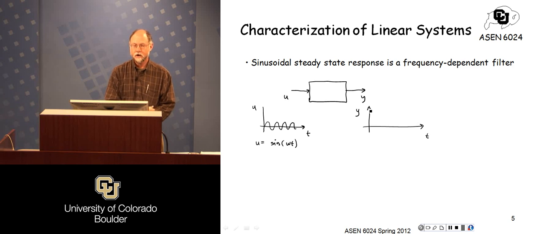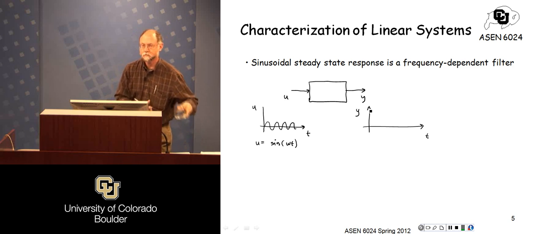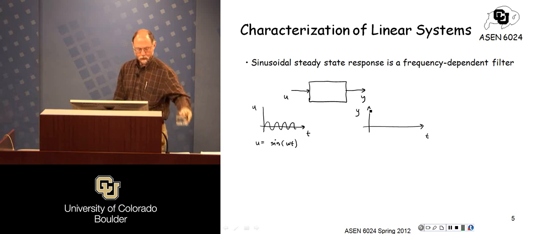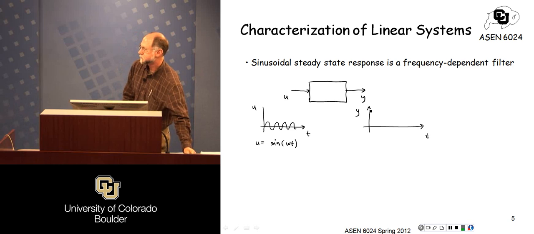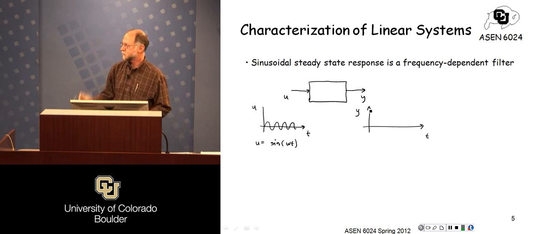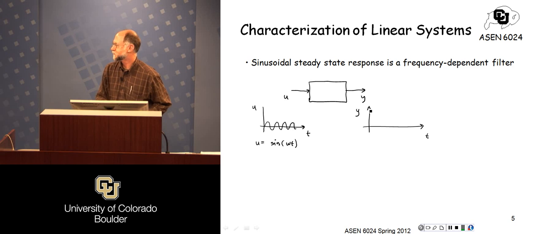Anybody want to take a crack at what the output looks like here in general? Sinusoid of the same frequency with a phase and amplitude change. Maybe, sort of. What else is missing from what you just said?